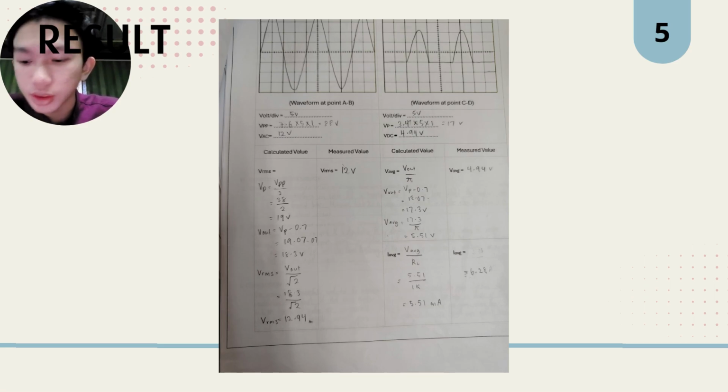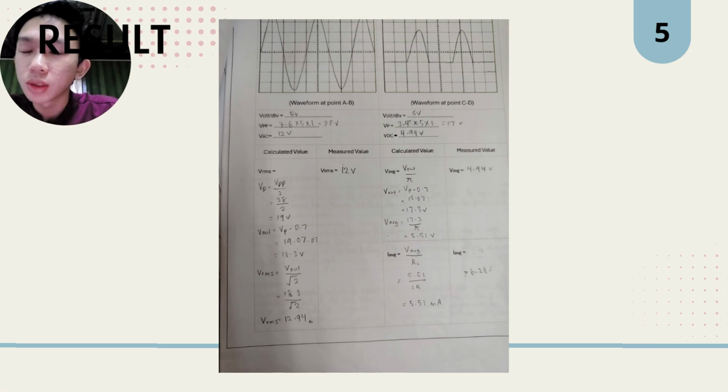For the V average, we got 5.51 volt, which is a bit further from the measured value, which is 4.994 volt.